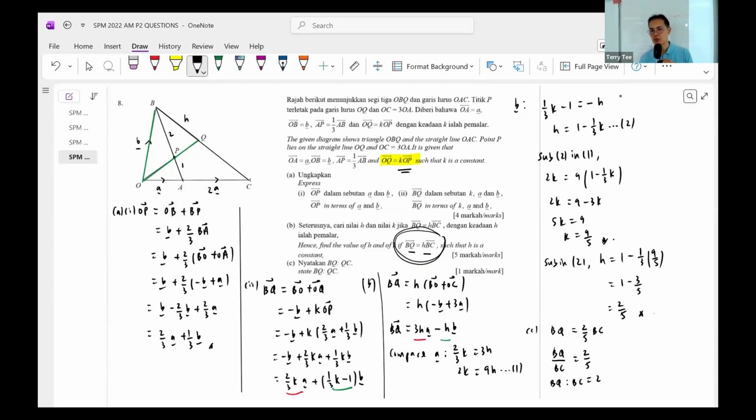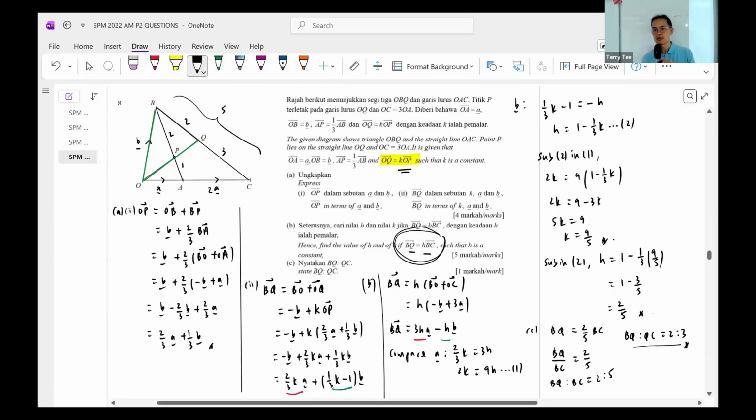That means, looking at the diagram, BQ is 2, BC is 5. What's your BQ:QC? QC should be 5 minus 2 equals 3. So therefore, BQ:QC is 2:3. The ratio is 2:3.